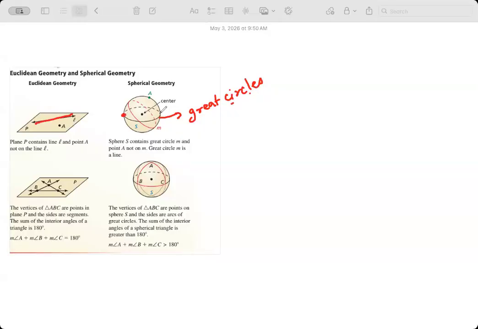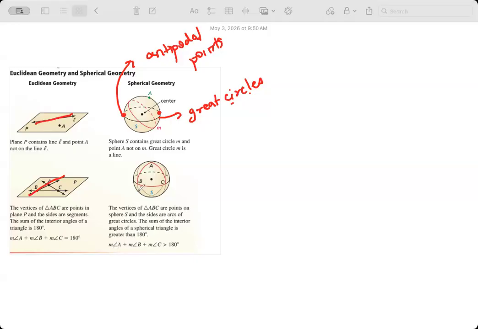Another thing that you need to know: the endpoints of those great circles are called antipodal points. Now coming to our triangle, if lines represent great circles, what would happen? Think about three great circles intersecting.